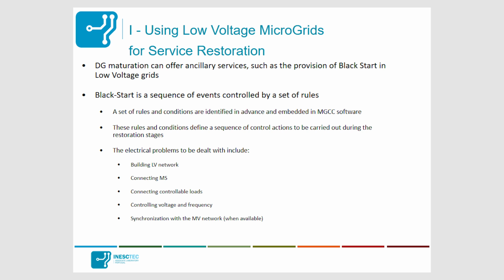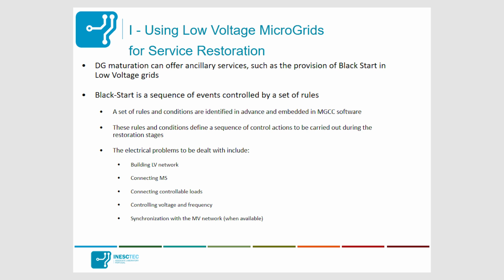Black start in any system is no more than a sequence of events that is controlled by a set of rules. These rules can be embedded in the microgrid central controller software, which, I remind you, is in fact the brain of the operation of the microgrid. So we are going to embed this set of rules in the microgrid central controller.